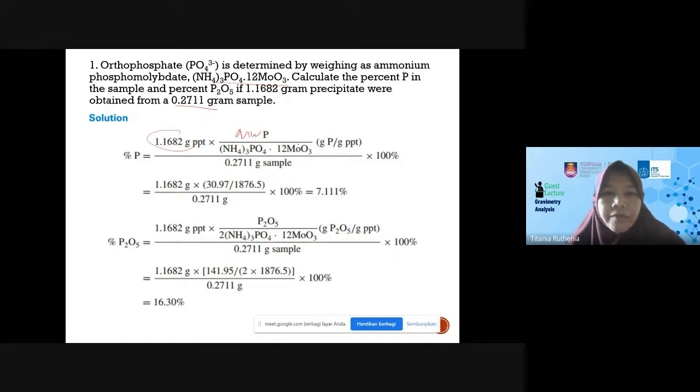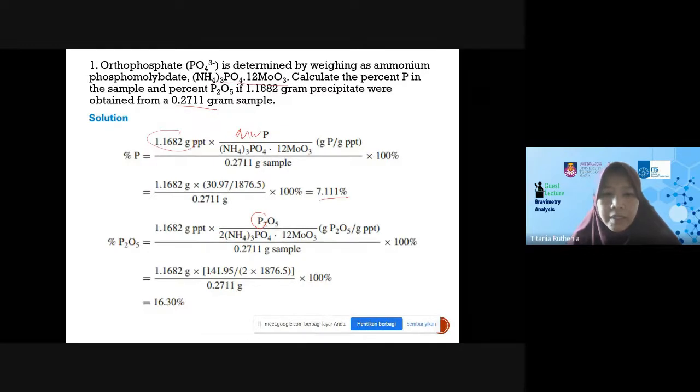The molecular weight of this compound is 1,876.5. So with the gravimetric factor divided by the mass of sample times 100%, we get 7.111%. Then for P2O5, because here is P2 and here only 1, we have to multiply with 2.